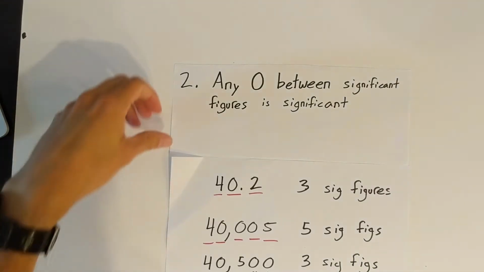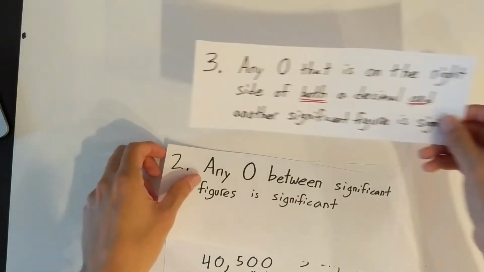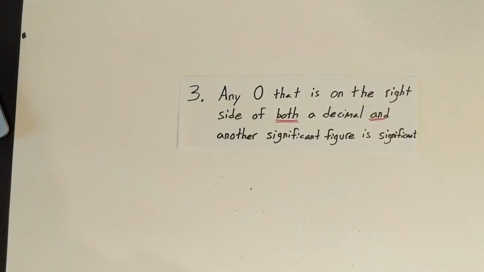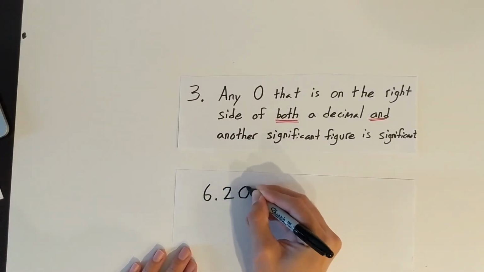All right, and now moving to our third rule. It's where it gets a little more detail here. Any 0 that is both on the right side of a decimal and on the right side of another significant figure is considered significant. All right, so if I were to give an example for this one, I will do 6.20.